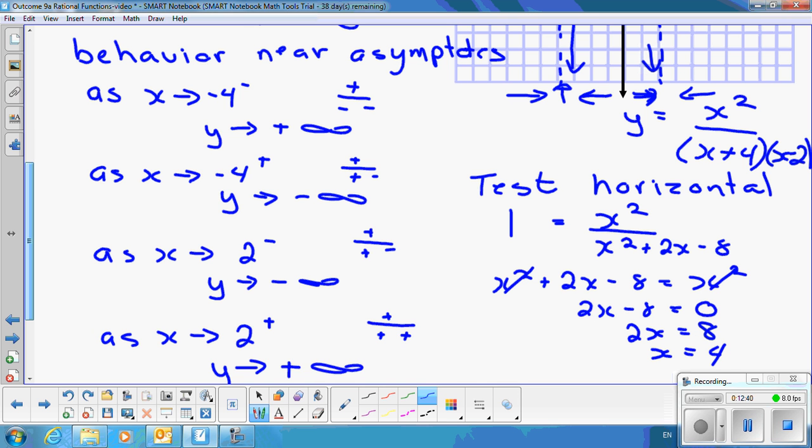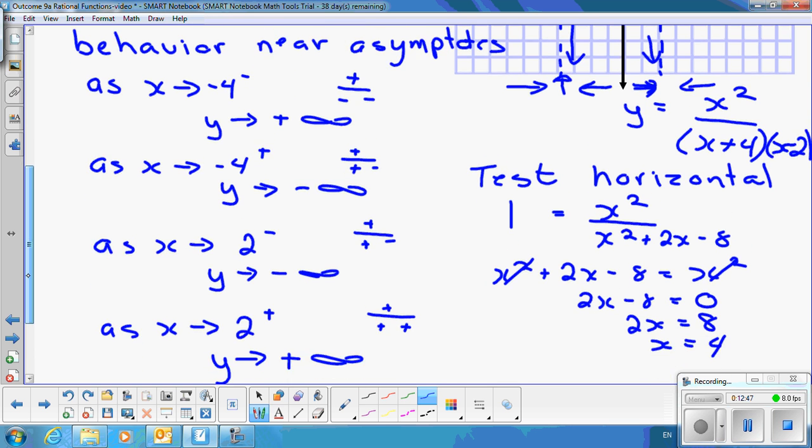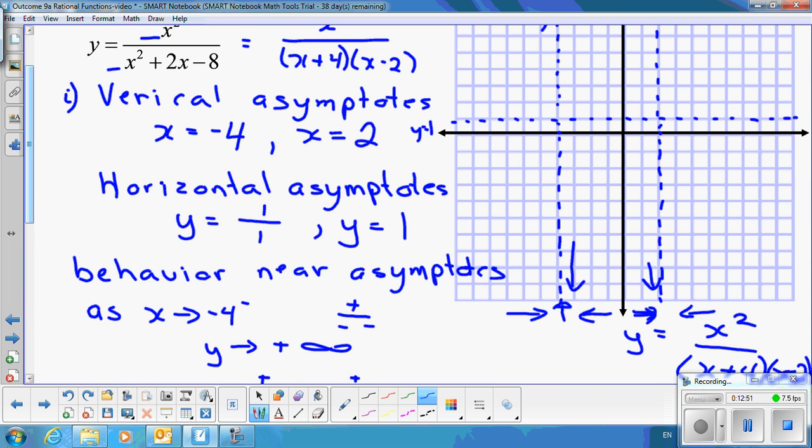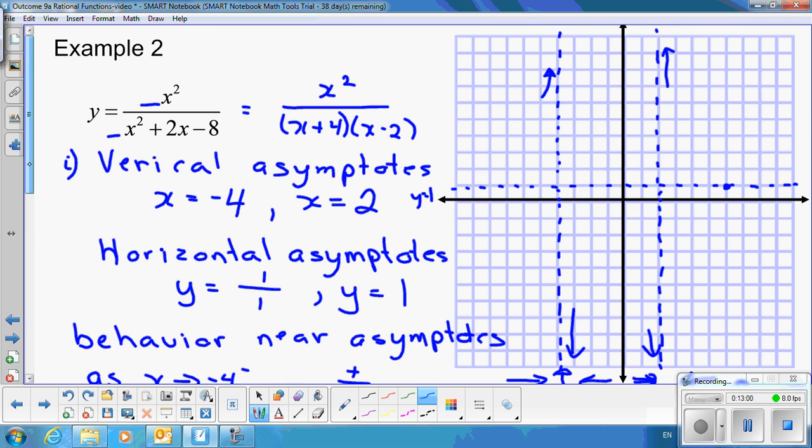Because we actually can get a solution here, that means that our graph is actually going to cross that horizontal asymptote at x equals 4. So at x equals positive 4, we are actually going to have a point on our horizontal asymptote. That is the only solution that we found. So if we start with this branch here, as x gets bigger and bigger, we know that it has to cross that horizontal asymptote.